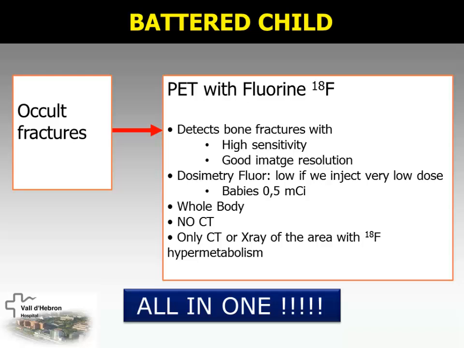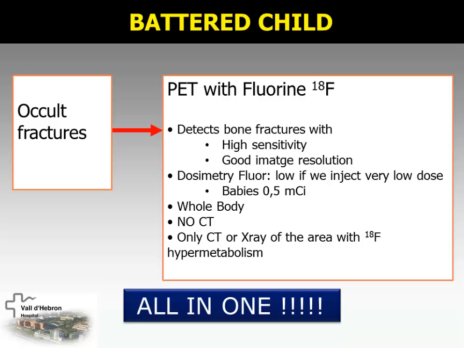For example, I'm going to show you in some minutes images of a baby of 9 months in which we have injected just half a millicurie of fluorine. That means that this dose is lower than those from a bone scan and without CT.